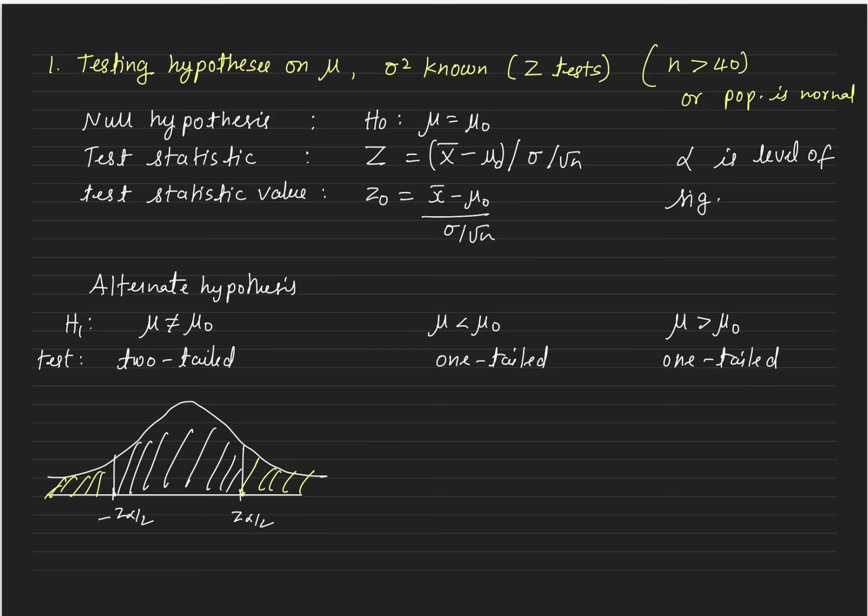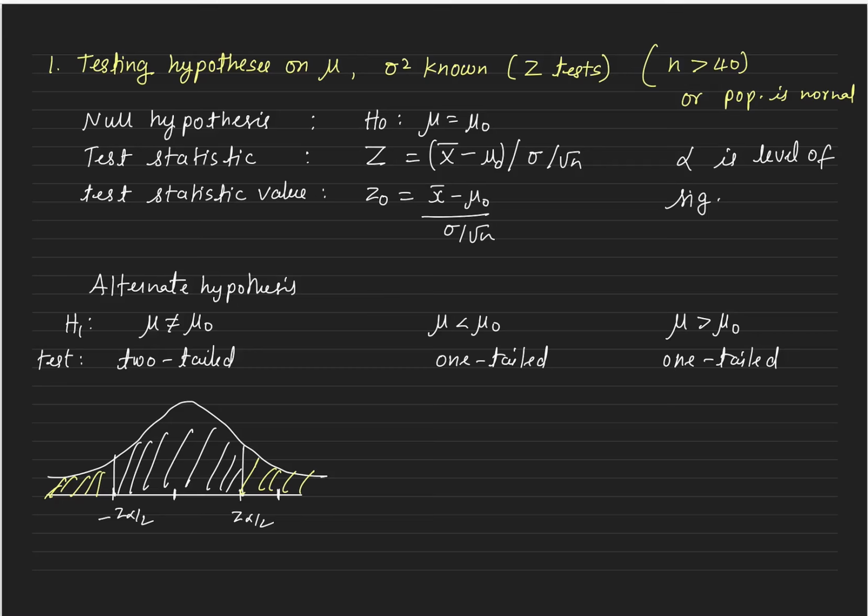Suppose Z naught, whatever we found, lies here. We don't reject null hypothesis. If it is here or here, we reject null hypothesis. And what will be the p-value?